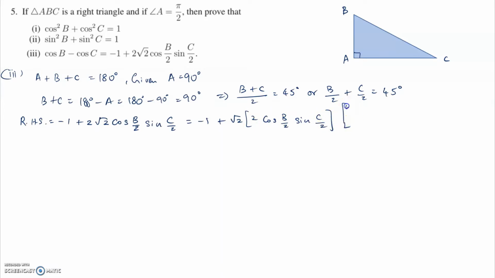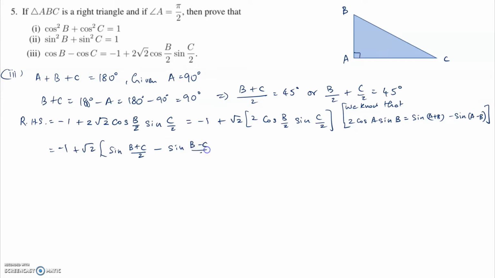Now we know that 2 cos A sine B is equal to sine A plus B minus sine A minus B. So applying this formula onto this, this becomes minus 1 plus root 2 into, you substitute using this formula, sine B plus C by 2 minus sine B minus C by 2.